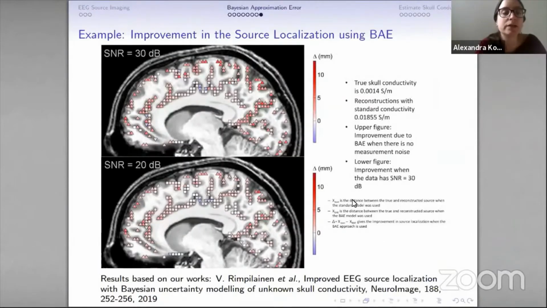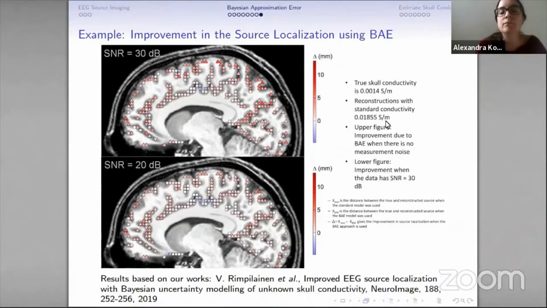I have included only one result related to this paper that we did at the time. And what do these figures mean? We have a true skull conductivity of this value, 0.014 Siemens per meter. And in our reconstructions, we use a standard lead field with 0.1855 Siemens per meter.